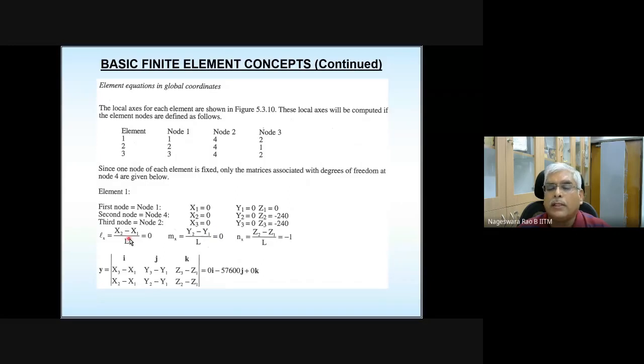Any questions here? But now we need to also identify the unit vector along the y-axis and the unit vector along the z-axis. How do I get the unit vector along the y-axis? Please take a note of this one.